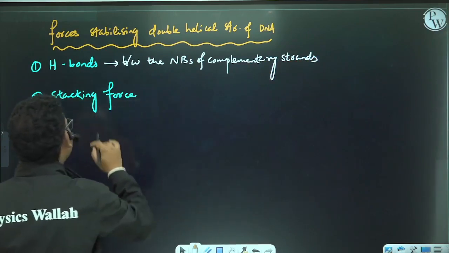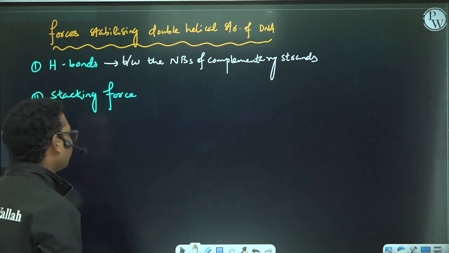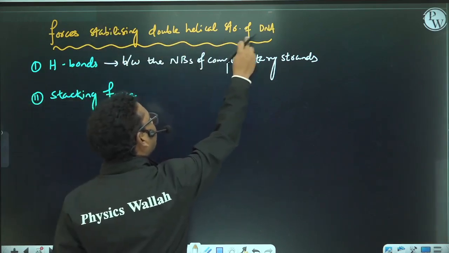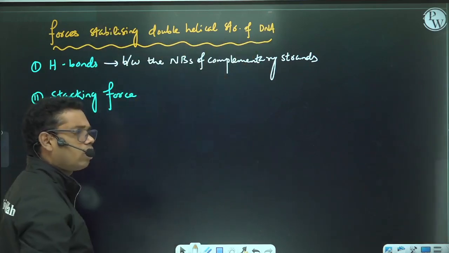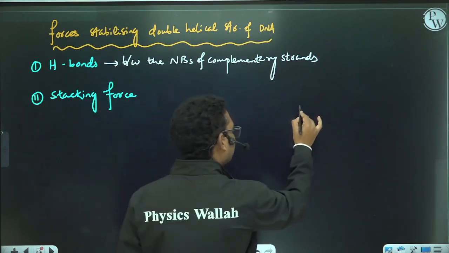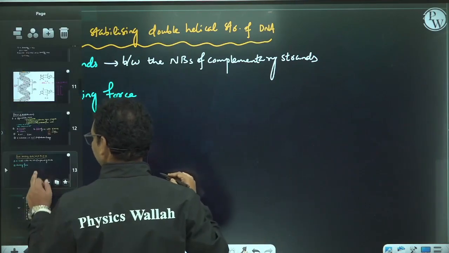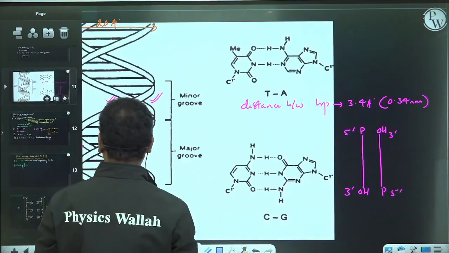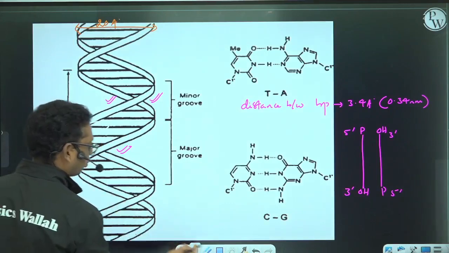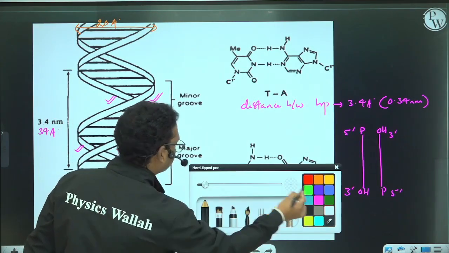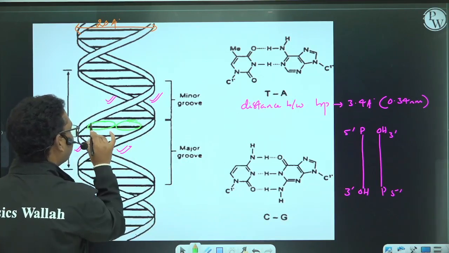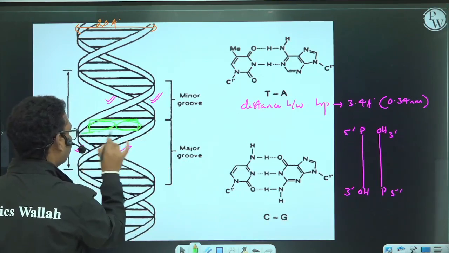Okay, what about the second force? The second force which is responsible for stabilizing the double helical structure of DNA is the stacking force. And what do you understand by this? Suppose in this diagram of a double-stranded DNA, this is one base pair and this is another base pair.